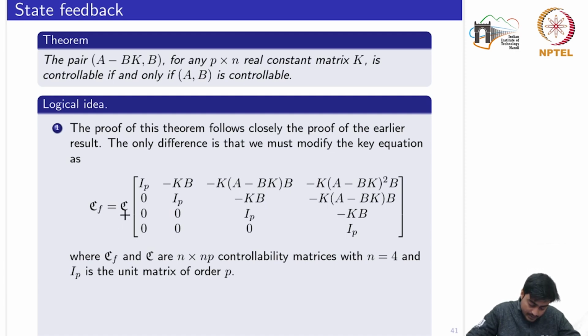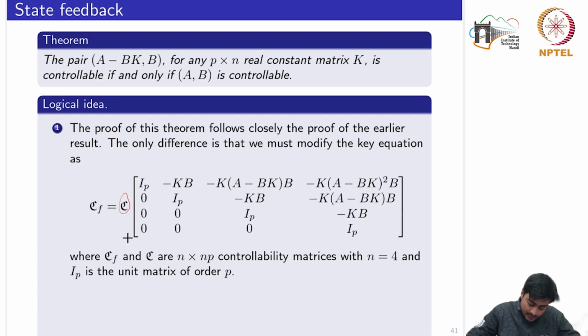Now here, since we have p number of inputs, this controllability matrix would no longer be a square matrix, but it is ensured that the rank of this matrix is full rank.